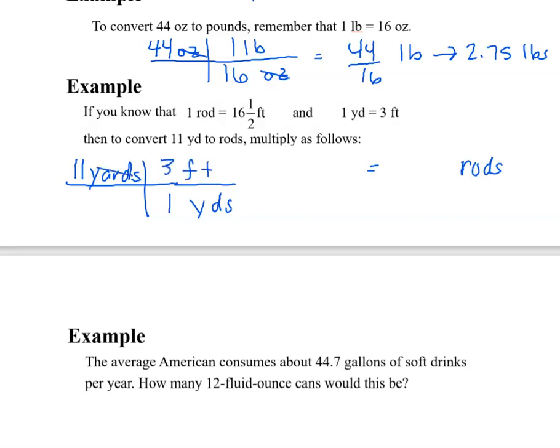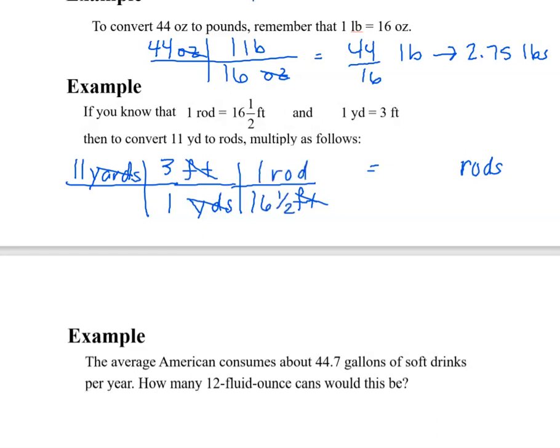Well, the yards will end up canceling out for us because we've got 1 on the top and 1 on the bottom. But we don't want feet. We want rods. So what do we know about rods? We would have to put feet on the bottom so that it would cancel out. And right now I've got this statement that 16.5 feet are in one rod.